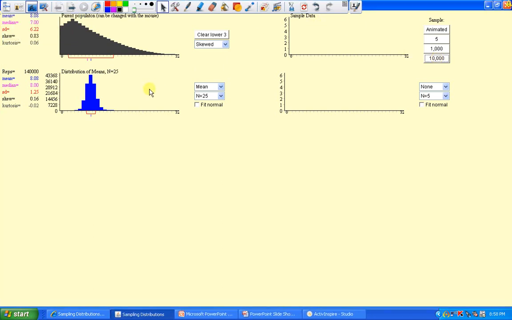Okay, so it took me 140,000 reps, but eventually the mean became 8.08, and the standard deviation is 1.25, which is, again, 6.22 divided by the square root of 25.